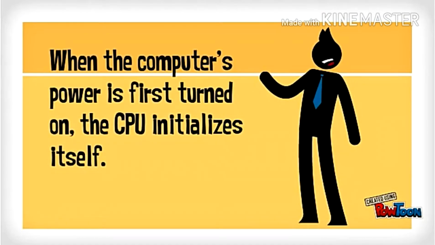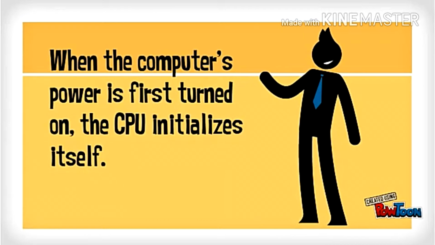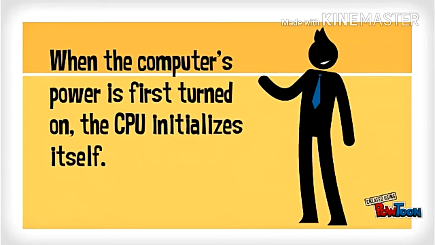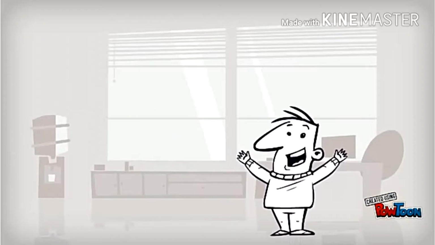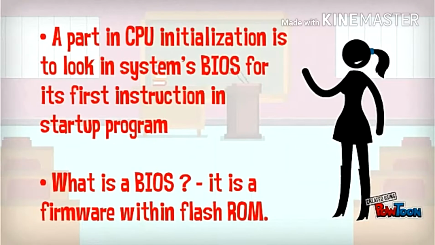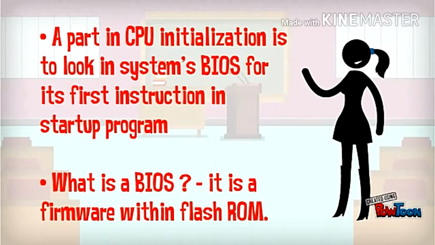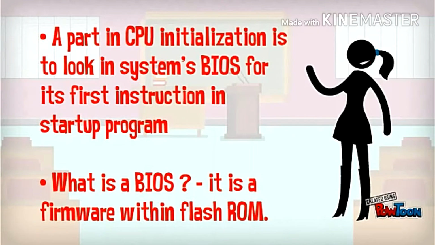When the computer's power is first turned on, the CPU initializes itself. The CPU initialization is triggered by a series of clock ticks by the system clock. A part of CPU initialization is to look in the system's BIOS for its first instruction in the startup program.